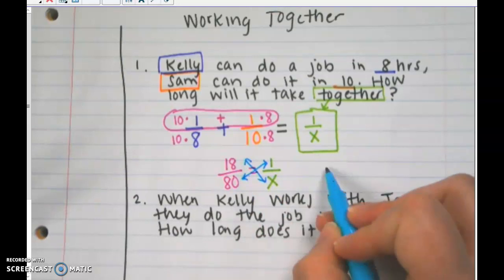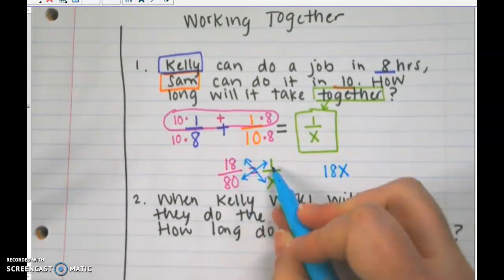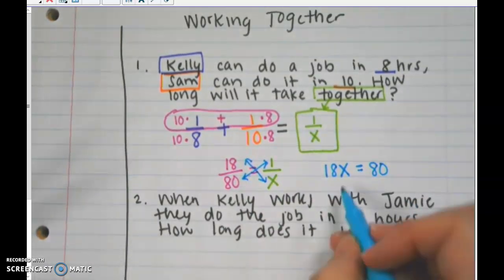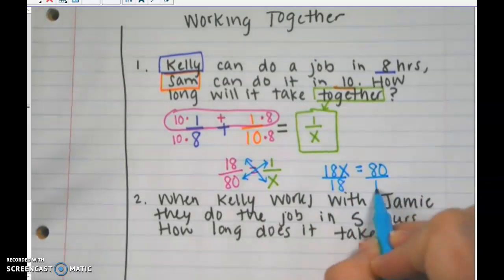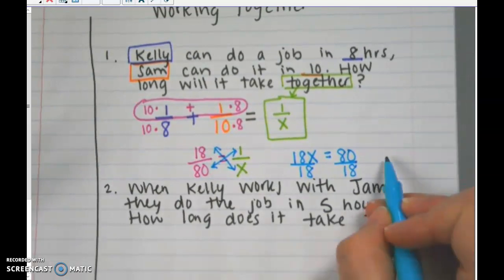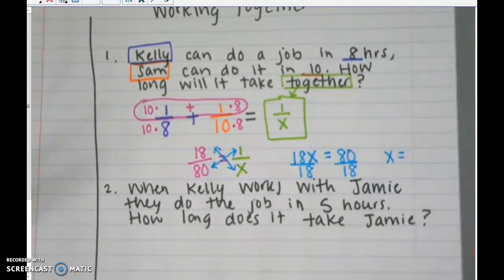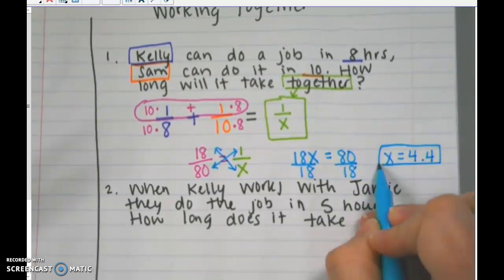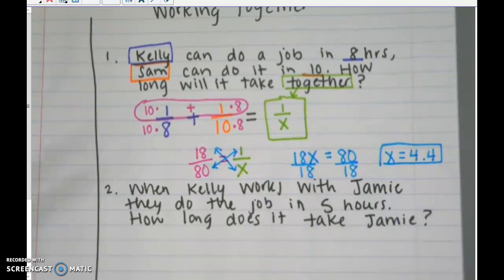So 18 times x is 18x, 80 times 1 is 80, and the last step to solving for x is to divide both sides by whatever number's in front of x. So I have a calculator handy. 80 divided by 18 is 4.4 repeating. So it'll take about almost 4.5 hours. If they do it together, that answer makes sense because that is less time than it took them when they were working alone.